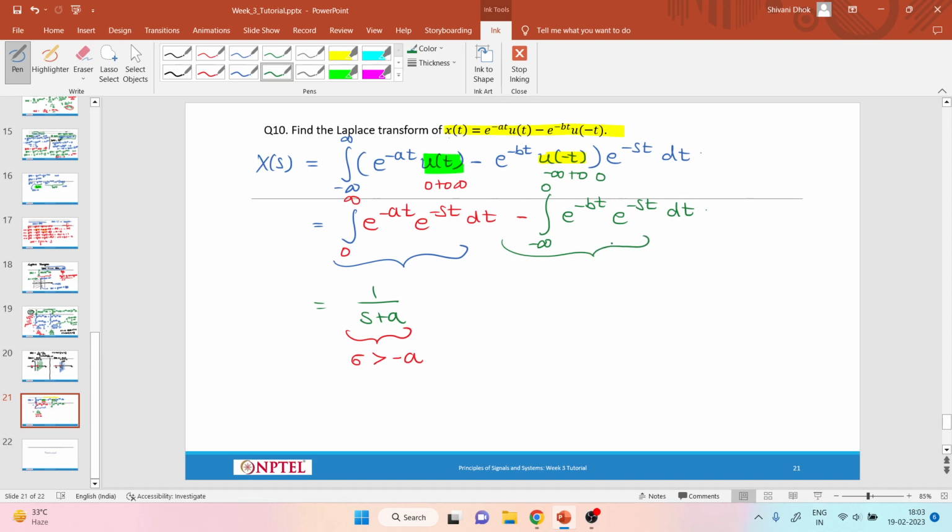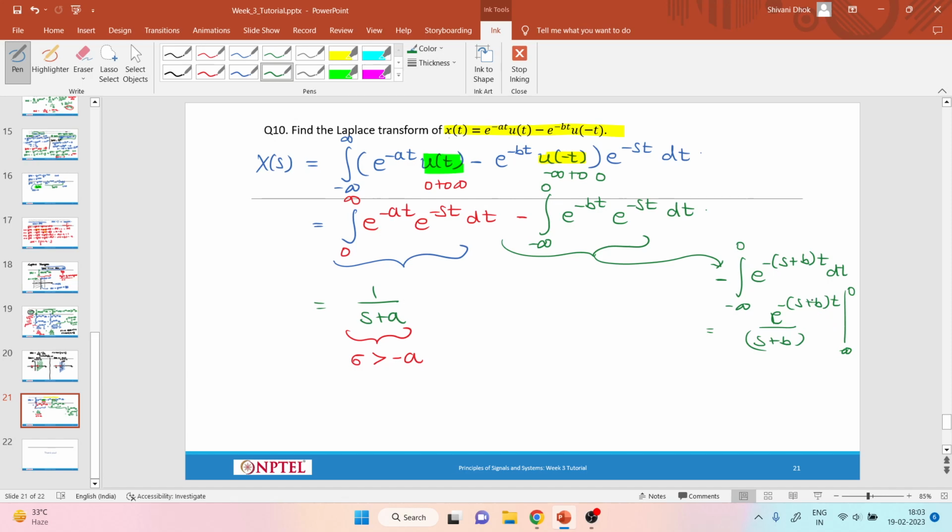Now let us look at this second term. It is minus the integral from minus infinity to 0 of e power minus s plus b times t dt. I can write this as 1 upon s plus b into e power minus of s plus b times t, from minus infinity to 0.